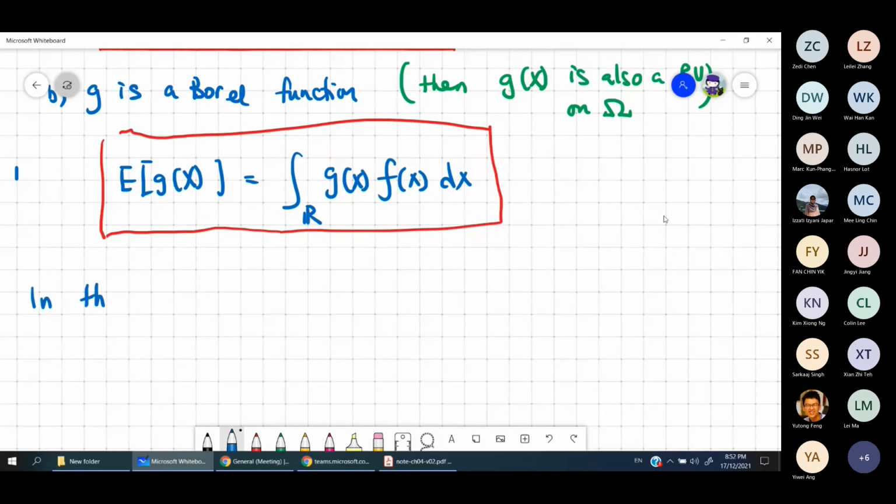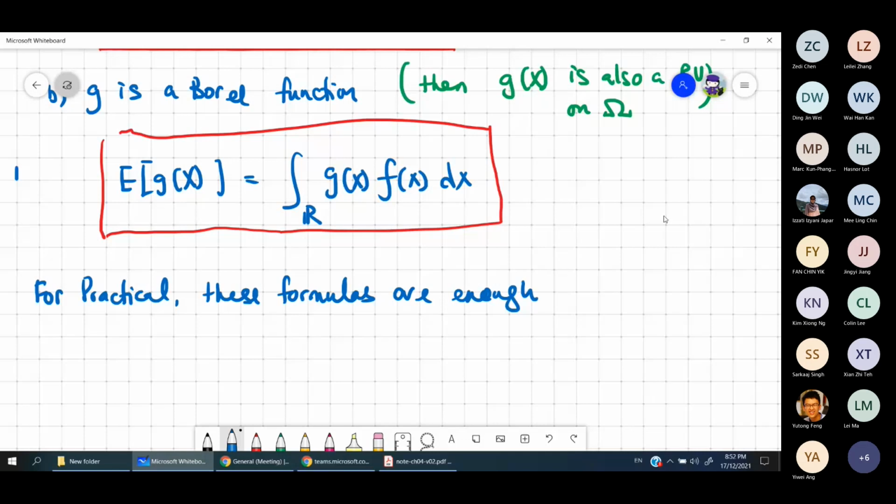For practical purposes, these formulas are already enough to solve most of the problems.